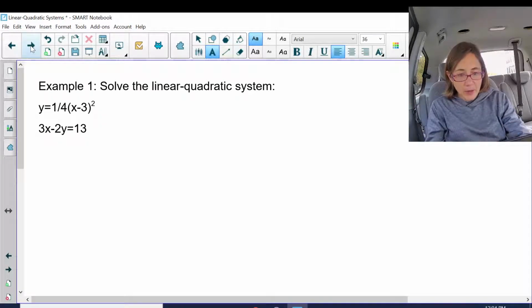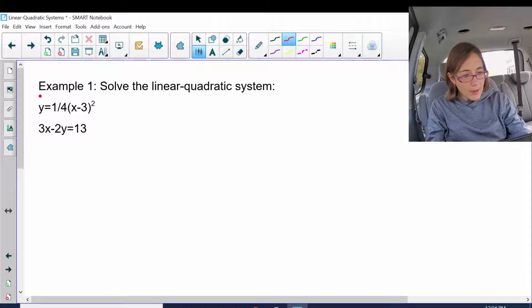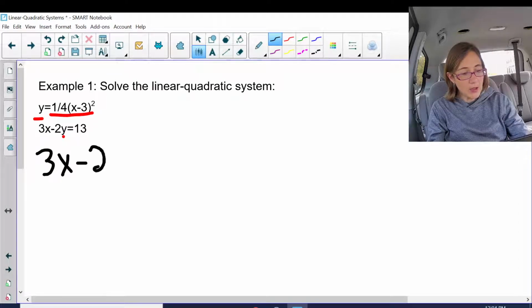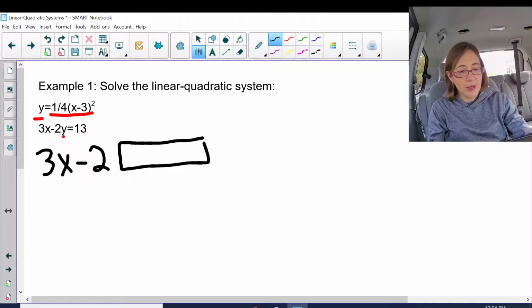So let's see, I'm going to write on this. I'm going to take the y. I'm not going to draw boxes around it, I'm just going to underline. Y is equal to all this stuff. So I see a y in my second equation, so that's where I'm going to do the substitution step. I'm going to take my second equation, 3x minus 2, only instead of putting the y there, this is where I'm going to make the trade happen.